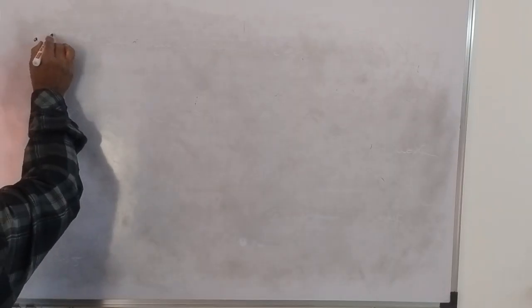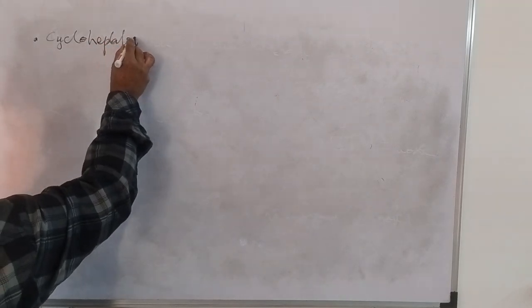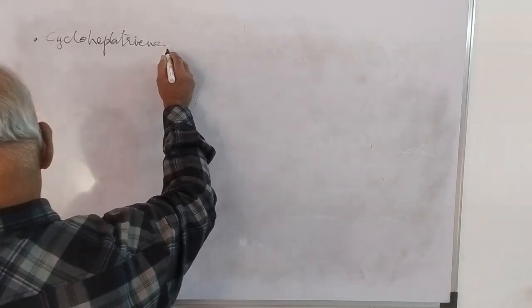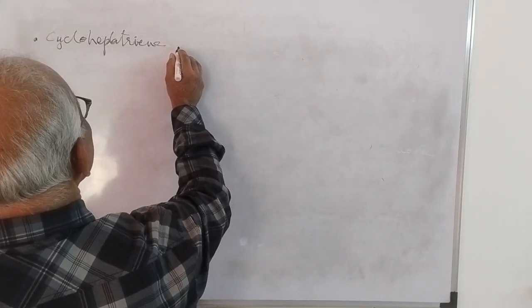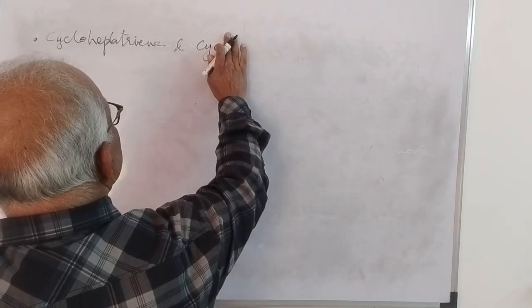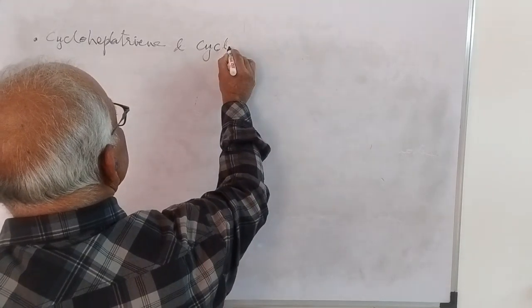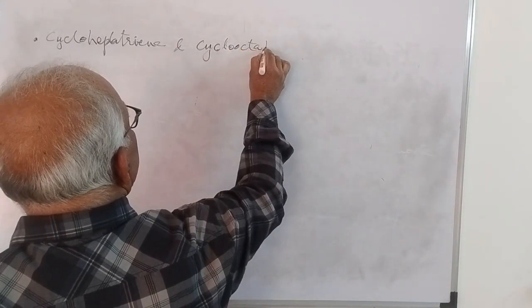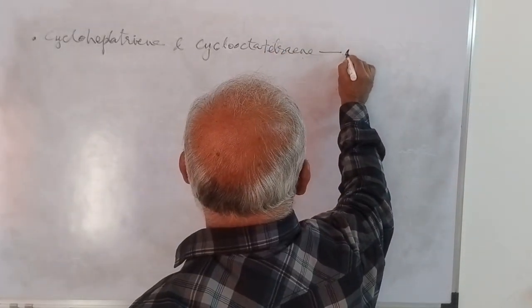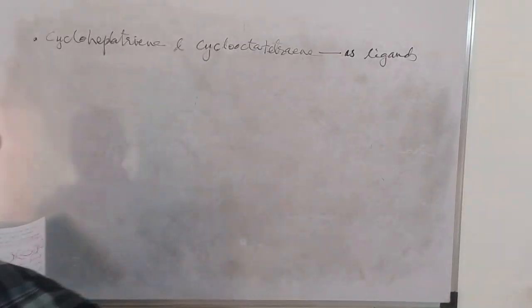The next type we will see here, cycloheptatriene and cyclooctatetraene ligands, and we can prepare a variety of these compounds.